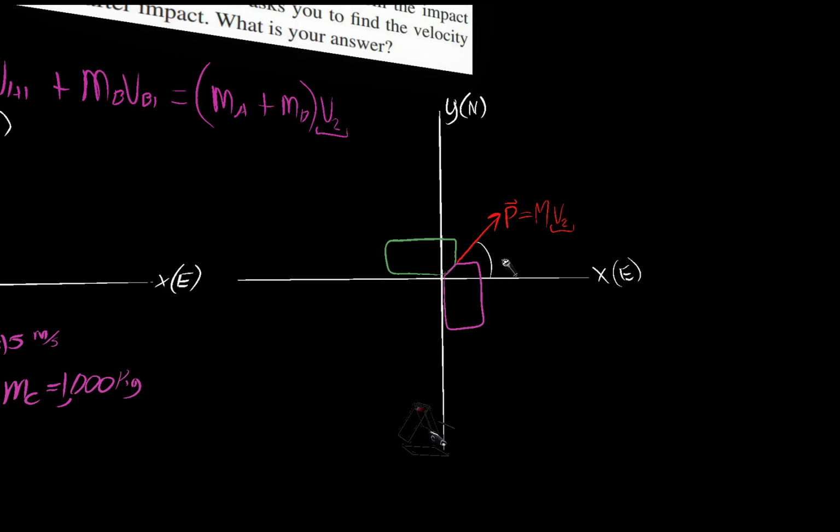There's going to be some angle here that we can define this momentum vector in terms of east, or x, and all we're looking for is the final momentum vector. And so it has x component and y component.